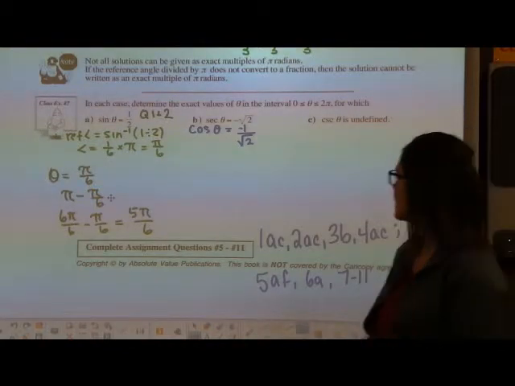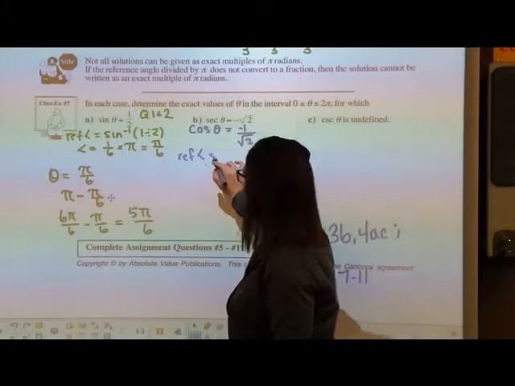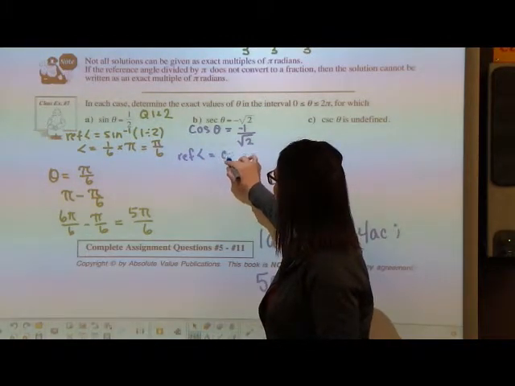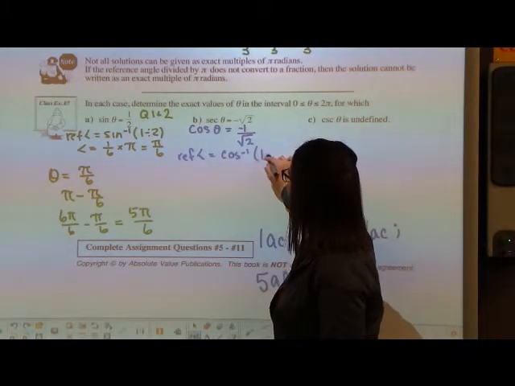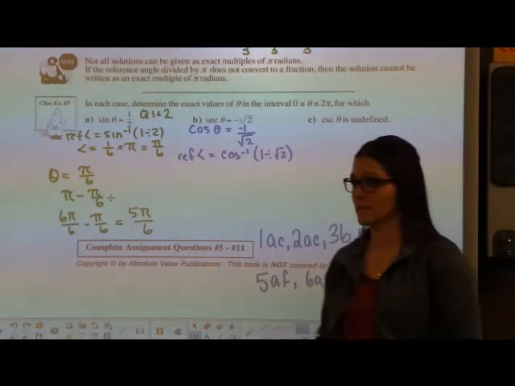Now I find my reference angle. So my reference angle is going to be cos inverse 1 divided by root 2, positive.